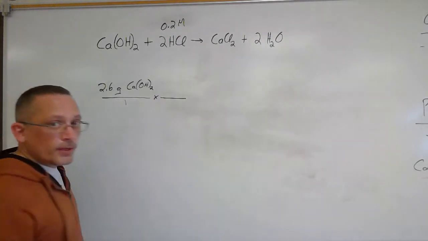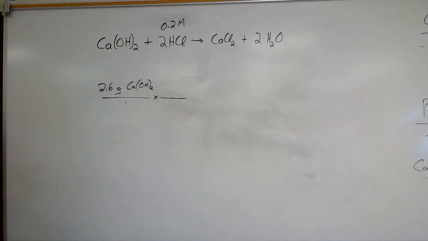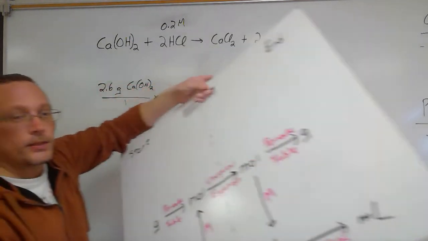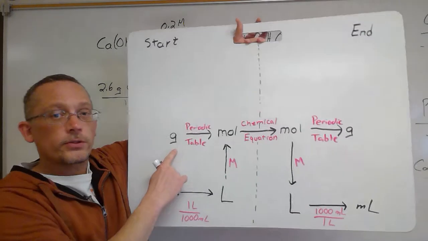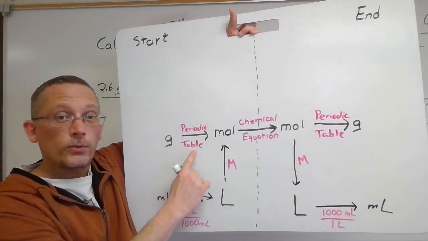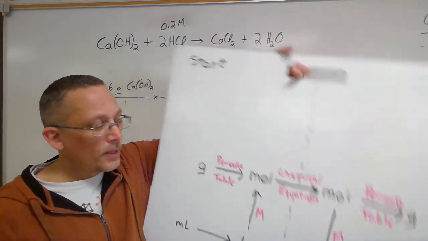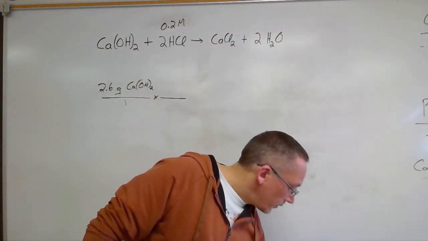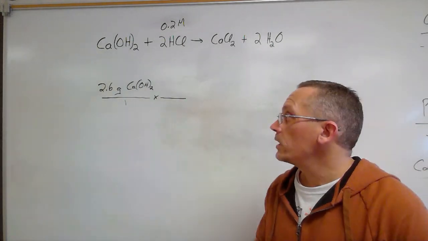Okay. Well, let's make a little plan and see how we are going to set up our fractions. So I have here the map, and we are starting with grams. So we're starting right here. First step I'm going to take is to go to the periodic table and add up the molar mass to get moles. So let me add up the molar mass for Ca(OH)2.